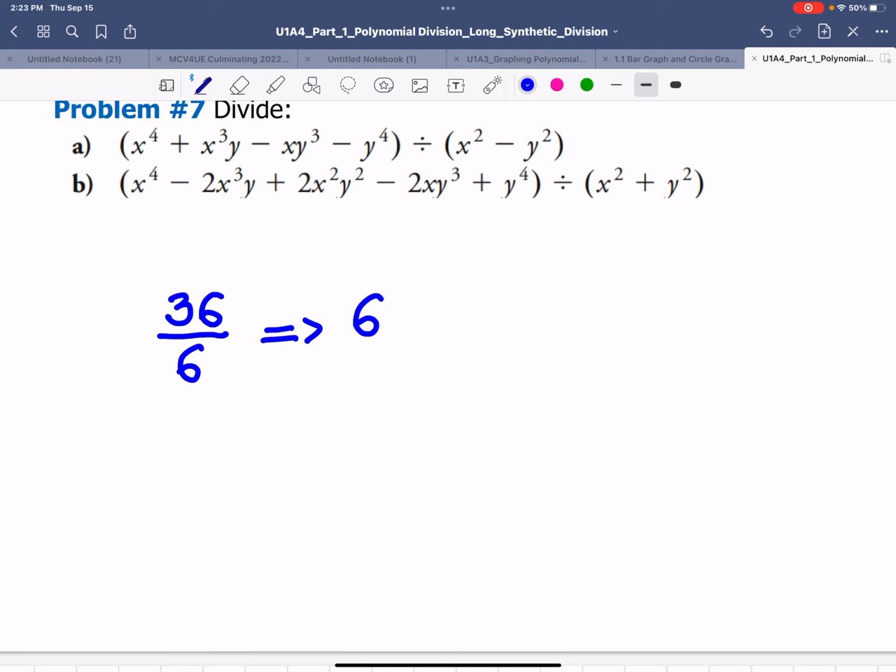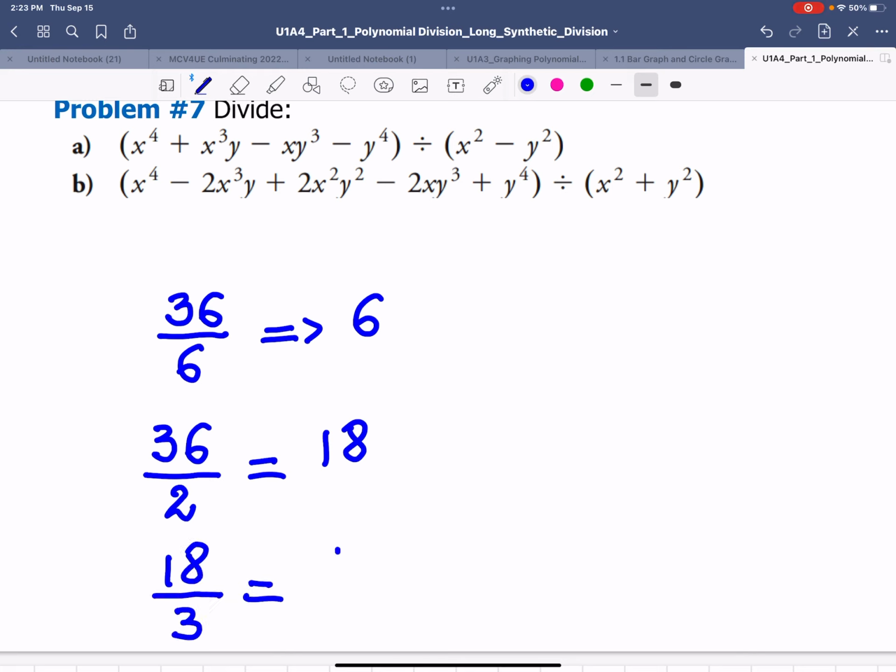Now, the same answer can be obtained if we divide 36 first by one of the factors of 6. So that would be dividing by 2, and that will give us the number 18. And then divide 18 afterwards by 3, and that will give the answer 6 again, the final answer.